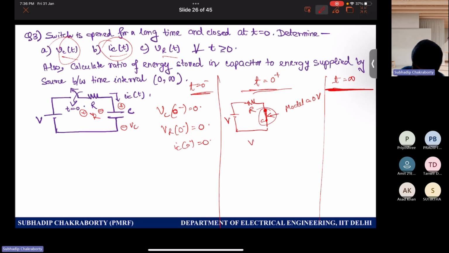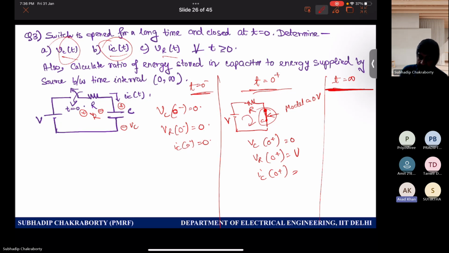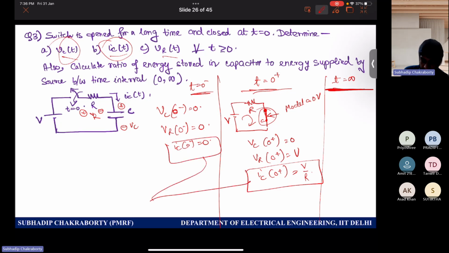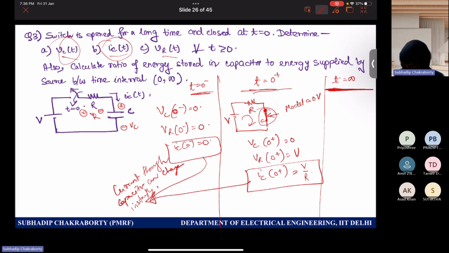Okay, so now what is VC0 plus? It is also 0. What is VR0 plus? Complete node voltage appears. And then IC0 plus? V by R. So you saw current through capacitor can change instantly, just like voltage across inductor. Now you see what is the circuit behavior at infinity.